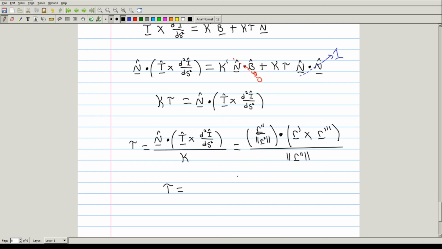So what we've shown is that the torsion is the second derivative of position with respect to arc length dotted with the first derivative of r with respect to arc length cross product with the third derivative of r with respect to arc length, all divided by the magnitude of the second derivative squared, or the second derivative dot product with itself.